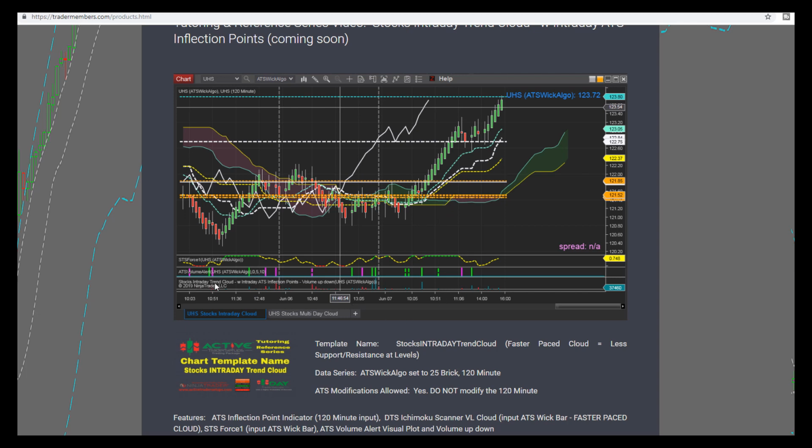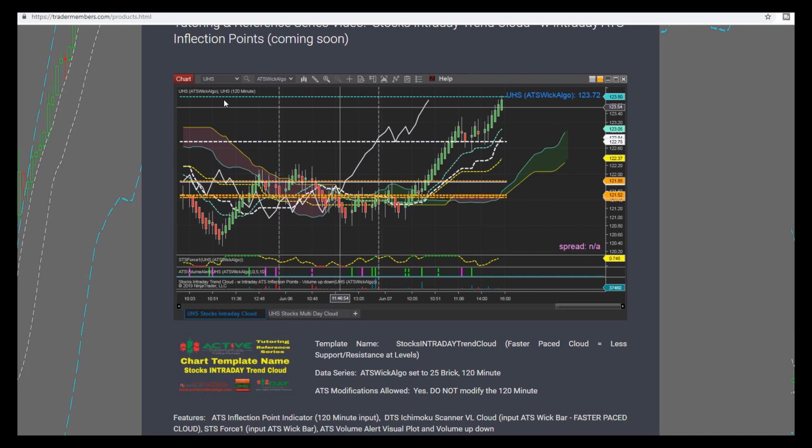We call this stocks intraday trend cloud with intraday ATS inflection points. It's a faster paced cloud. It's not a big support, it just gives you the read on what's going on for day trading. You could also use this chart on a lower ATR chart to give you an idea on possibly a 2 and 3 day swing trade.